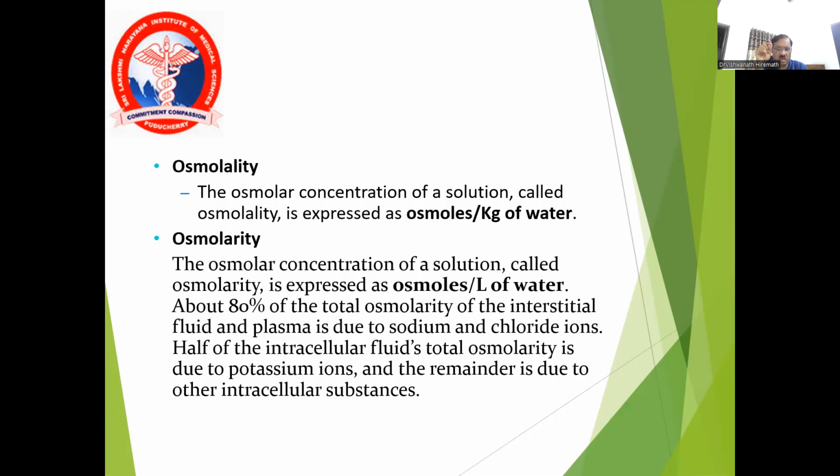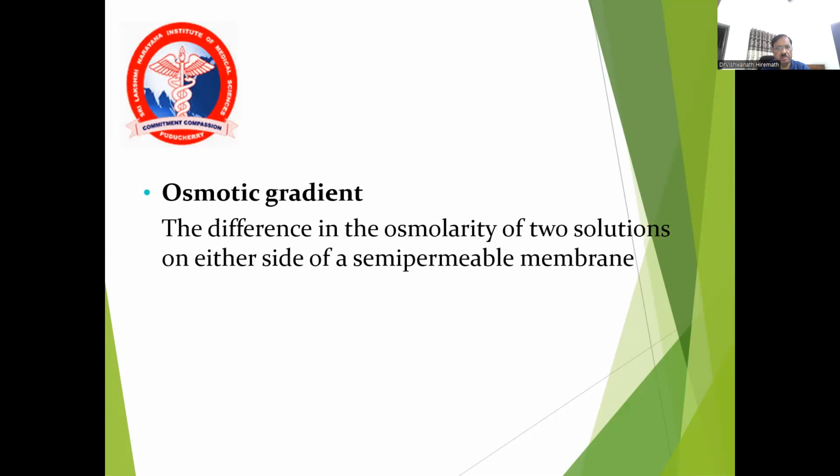In the intracellular space, it is the potassium ion. This we should remember. Osmotic gradient is the difference in the osmolarity of the two solutions on either side of the semi-permeable membrane.